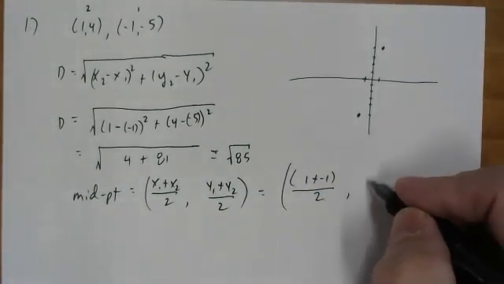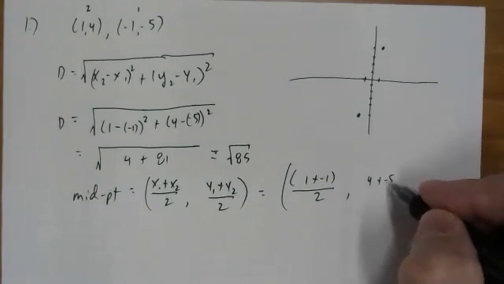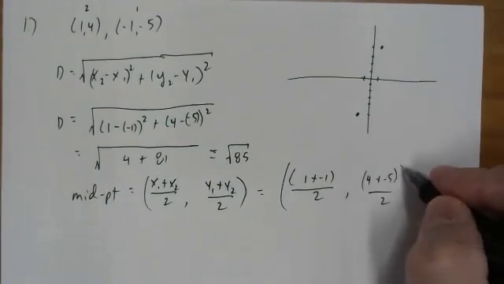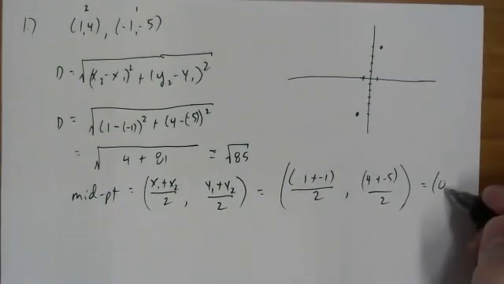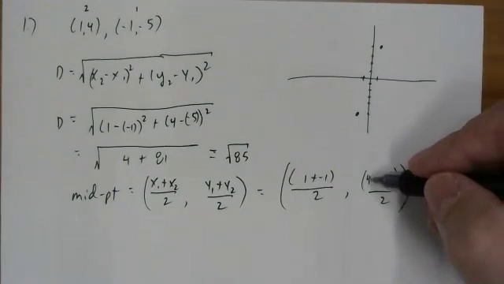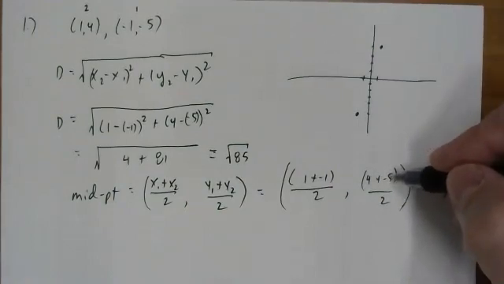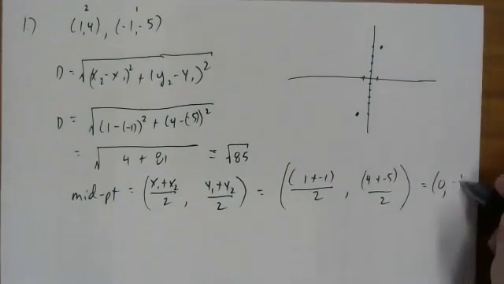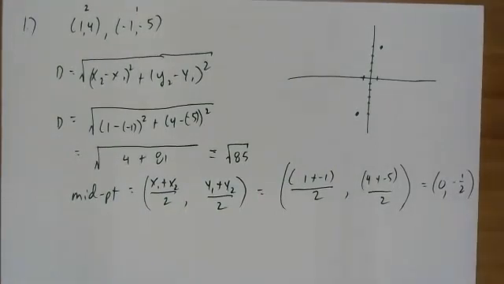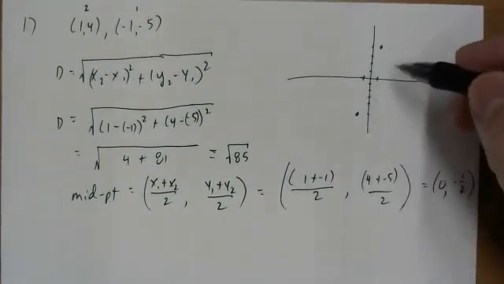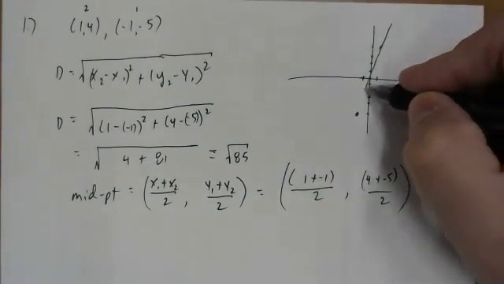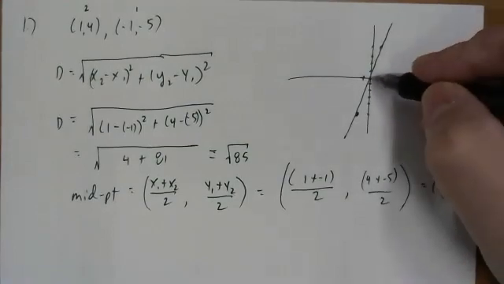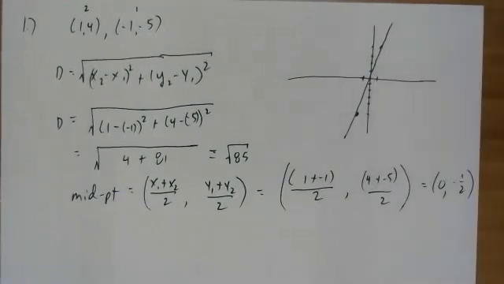And you add the y's, 4 plus -5 over 2. 1 plus -1 is 0. 4 plus -5 is -1. Looks like the midpoint is 0, -1/2. Now my graph isn't perfect, but if I try and connect these lines, 0, -1/2, yeah, it's in the ballpark.